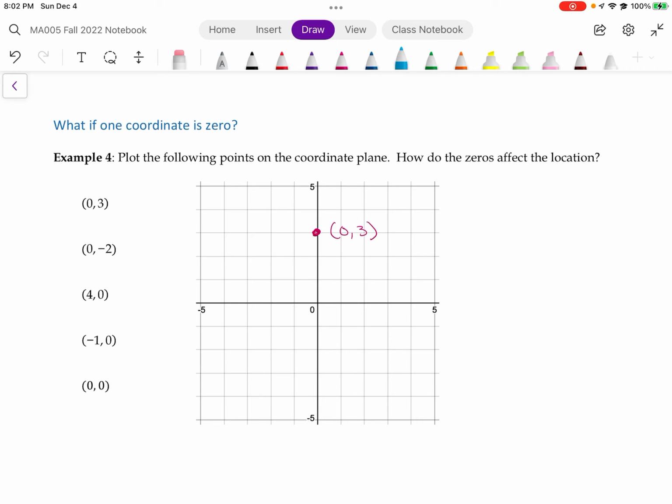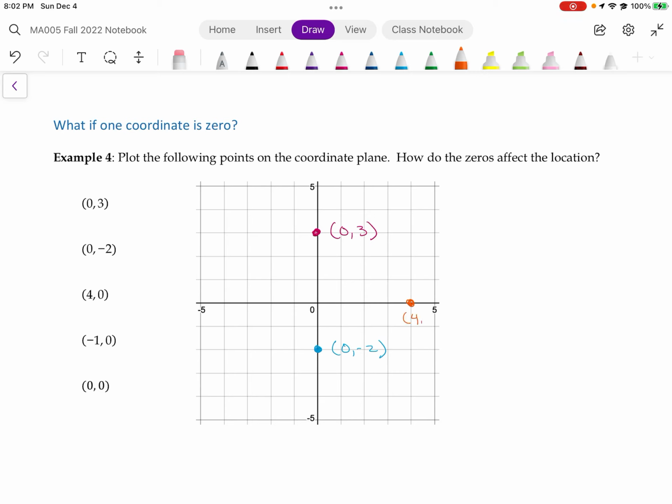All right, 0, left, right, 0, so don't move left or right. Then -2 is up, down, so you're going to go down to there, and that's going to be 0, -2. All right, 4, 0, we would go right 4 and up or down 0, so we stay right here.